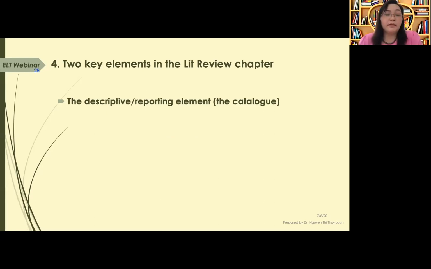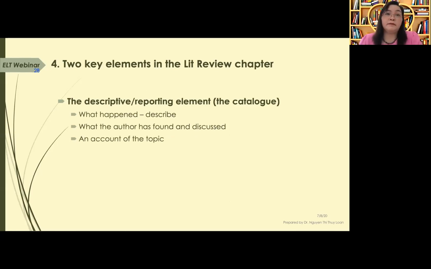The descriptive element means you describe what was done on that topic and what the researchers said about what they found in their research, what conclusion they made from their research. So the descriptive part is what you show, what you say, what you report about the relevant study. And the second part is the interpretive part. The interpretive part is also where you evaluate the descriptive part.